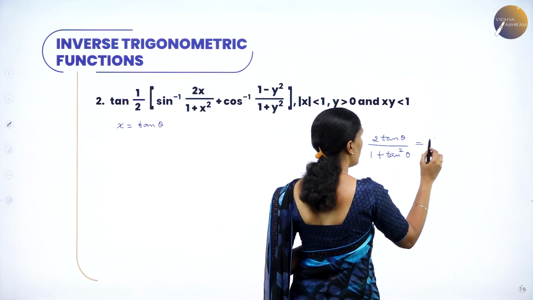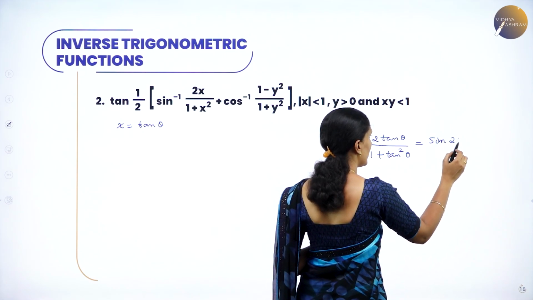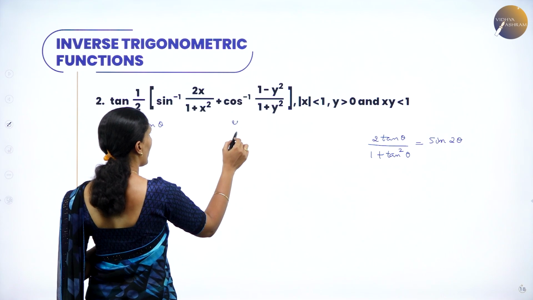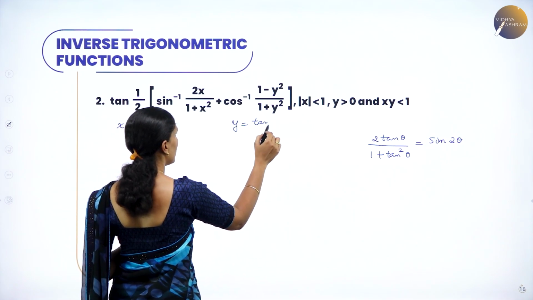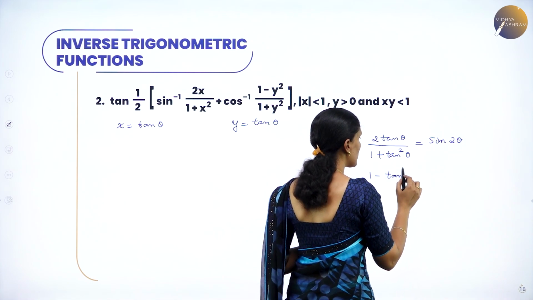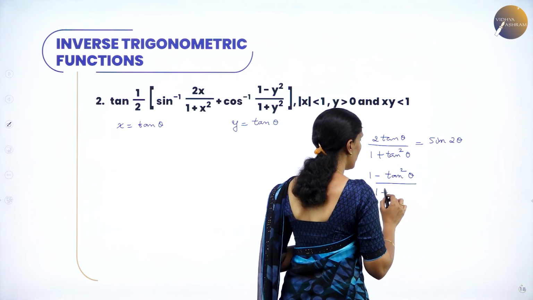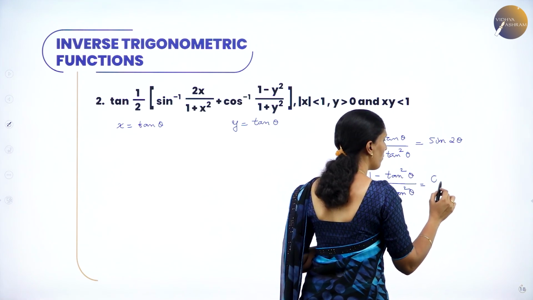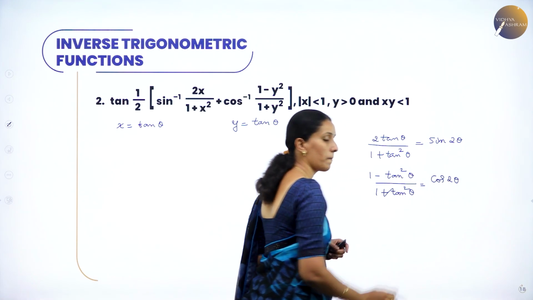So this is the formula of sin 2 theta. And similarly here, if you put y is equal to tan theta, then this becomes 1 minus tan square theta divided by 1 plus tan square theta, which is the formula of cos 2 theta.